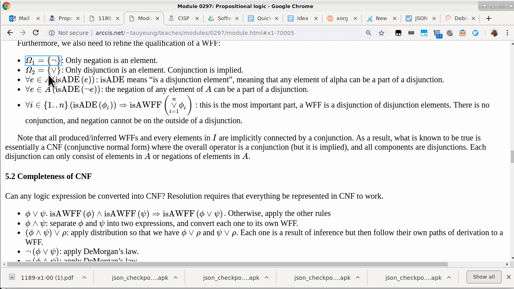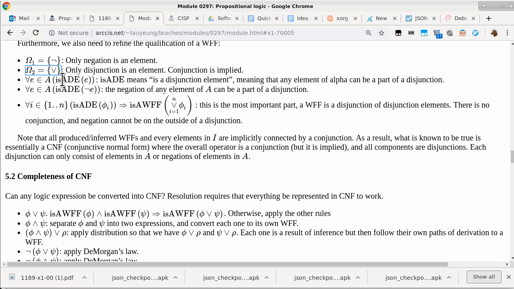But how many operators take two operands? We got and, we got or, we got implication, we got if and only if, at least 4, as discussed before. Now I say, forget all of those. We just have disjunction. It's a kind of simplified way of expressing things.